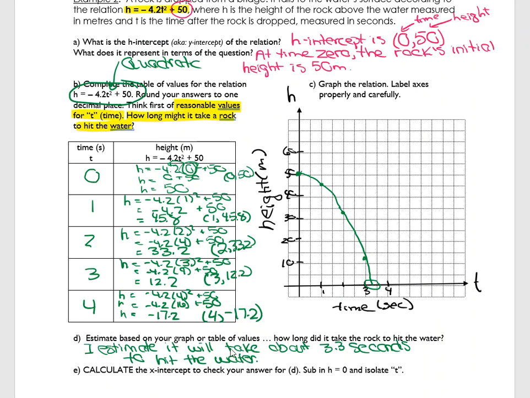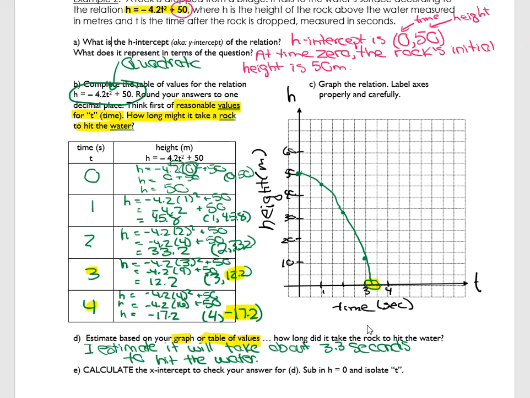You can use a table of values. The table of values tells me it's somewhere in between 3 and 4, because here I had a positive and here I had a negative. So my table of values told me it would be in between these two numbers. But I really used my graph. I looked at my graph to see when it would hit the t-axis there.